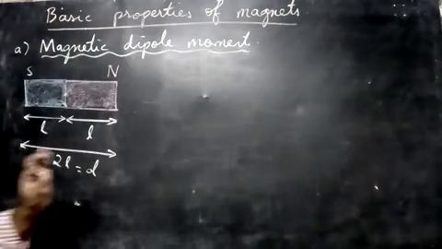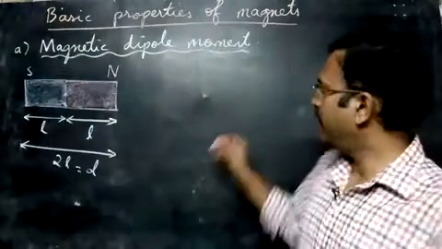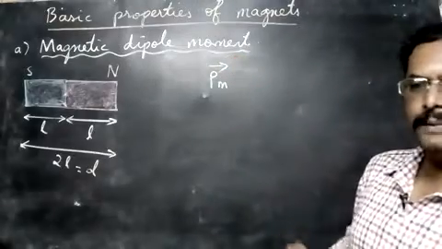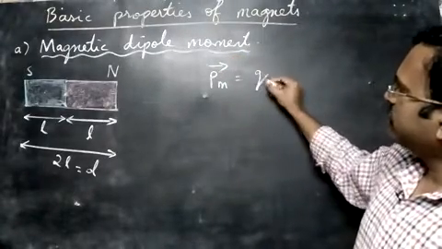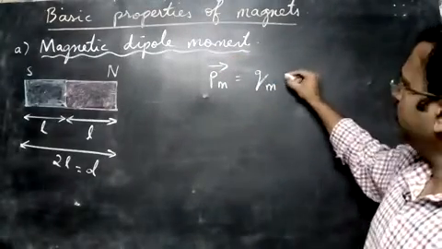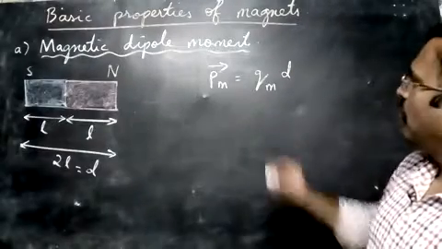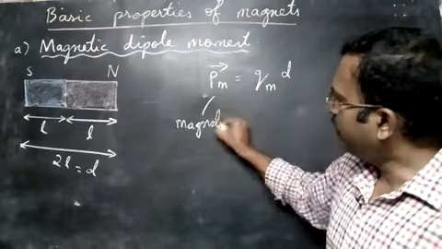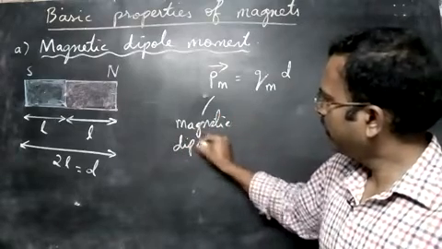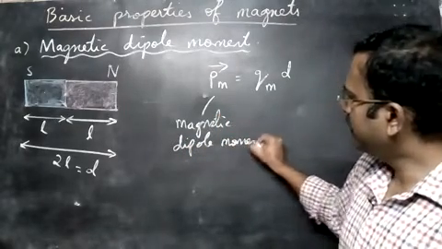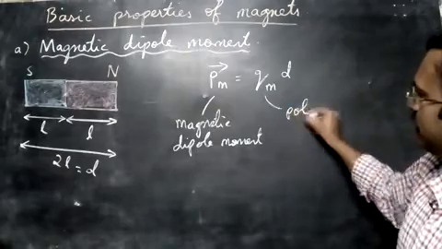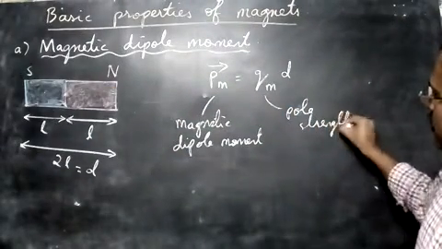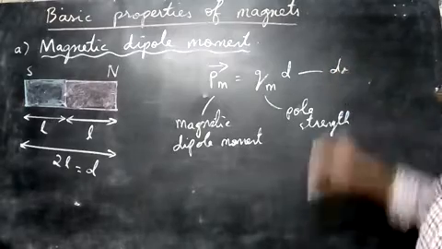Now we can define the magnetic dipole moment. The symbol is Pm, and it is a vector quantity. It is equal to the pole strength Qm into the distance D. Pm means the magnetic dipole moment, Qm means the pole strength, that means the strength of each magnetic pole, and D is the distance between the poles.